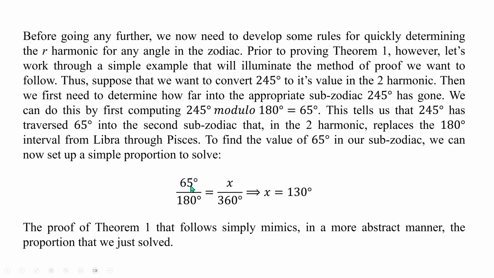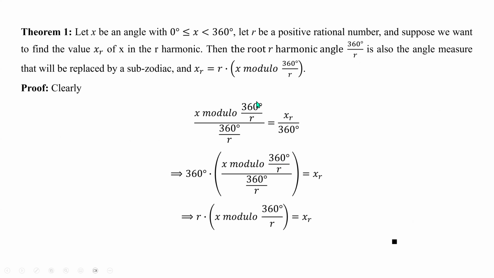That is corresponding to the 65 degrees here, which was 245 degrees modulo 180 degrees. The 180 degrees here, that is 360 degrees divided by our harmonic 2. Okay, and then the denominator, we've got 180 degrees, so that was 360 degrees divided by 2. And that's exactly the same sort of thing we have here.